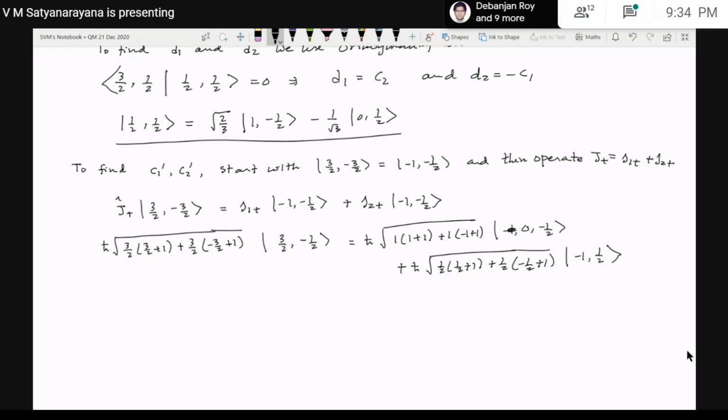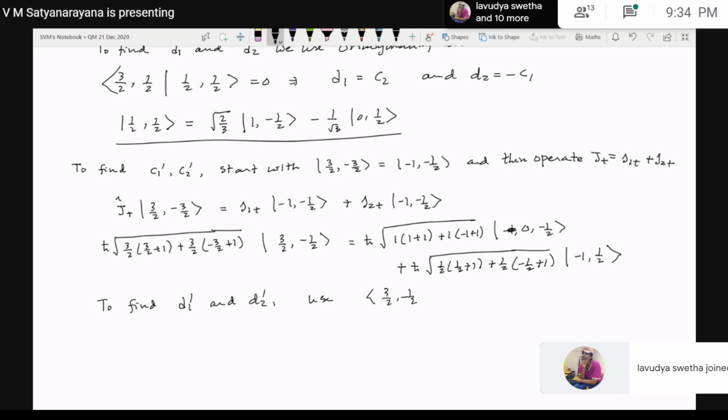Okay, so I request you to simplify this. You get these coefficients, and then to find D1 prime and D2 prime, use the fact that your 3 by 2, minus 1 by 2 with half, minus half, should be orthogonal.